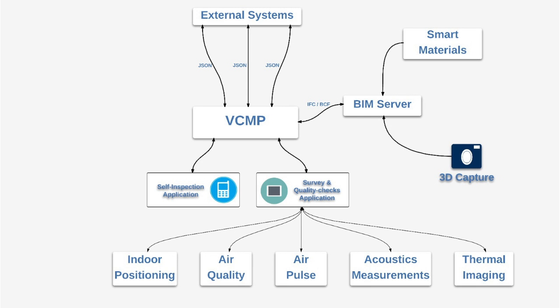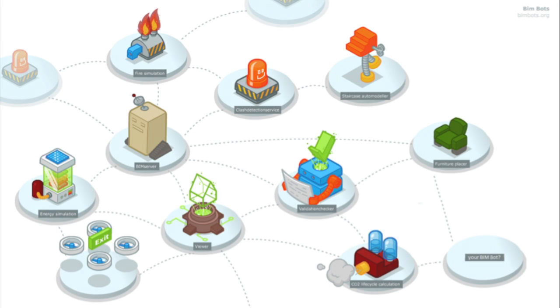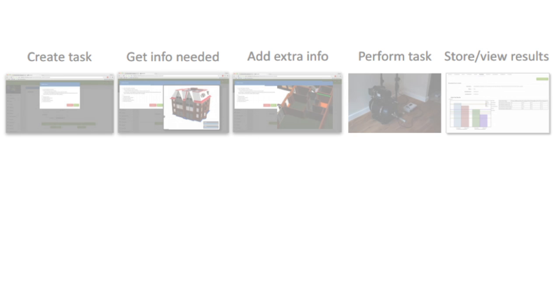Within Built2Spec, the VCMP, therefore, is not trying to become a massive central tool that holds everything, but much more a hub that coordinates the connection between several tools and technologies. This is where we introduce the innovative approach of BIM bots to create a dynamic connection between a diverse set of technologies and services. Every quality check has a unique set of requirements from a BIM dataset, and every quality check will provide different types of results.